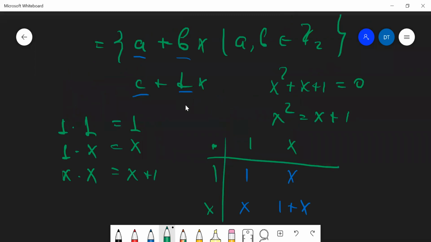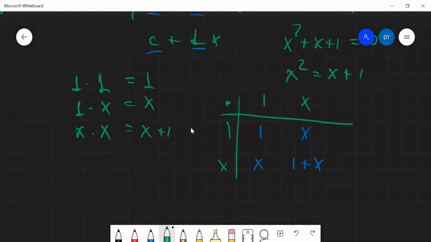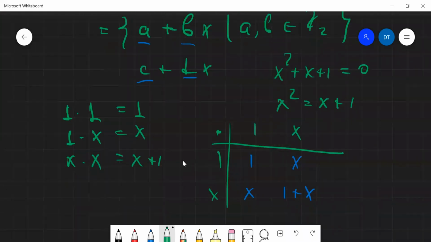So you just do it in the same manner you deal with the complex numbers. So in case of complex numbers, how do you multiply these expressions? Well, you multiply these guys in the usual way, but when you meet i squared, in this case, it will be x squared. You just replace it by this expression. Everything is exactly similar to the case of complex numbers.